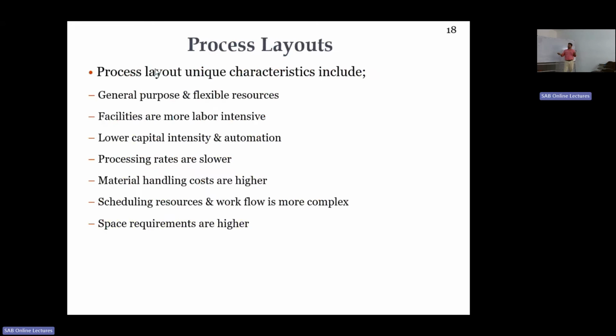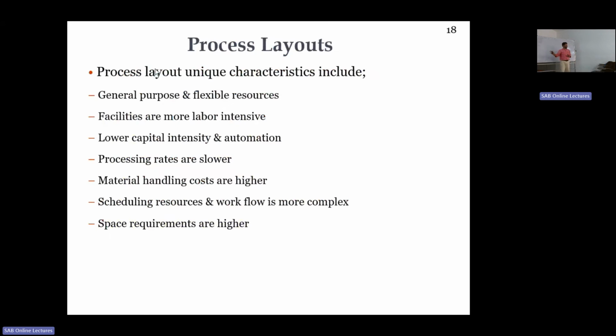And processing rates are slower. When products are taken from one machine to another, one department to another, that's a delay. There are waitings. So processing rates are slower and the volume is low. Can you understand it? And it says here, material handling costs are high.